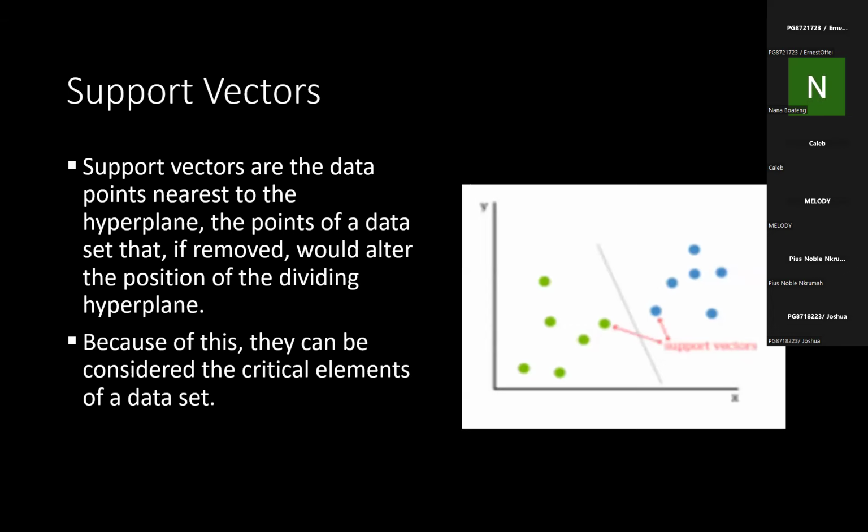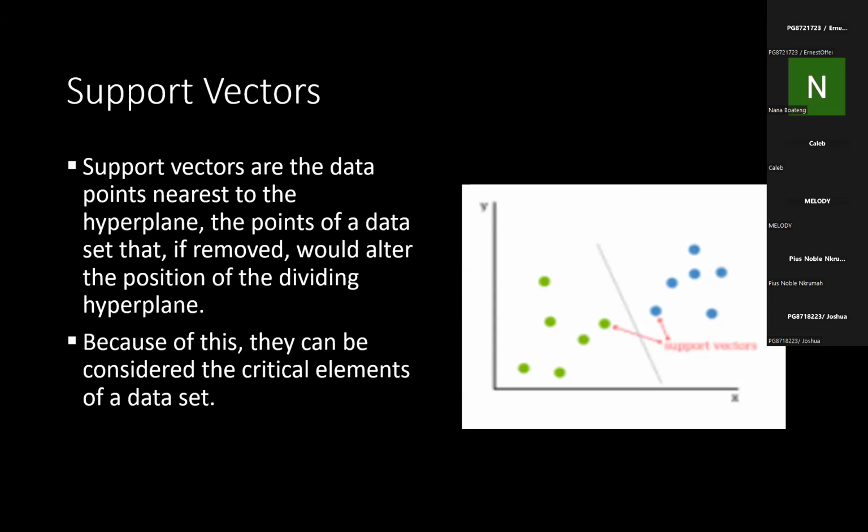When you remove that data point, it can severely alter the properties of the data set, especially if that data point has a very great influence in the whole data set. So these are what we call critical elements of the data set, and we call them support vectors.